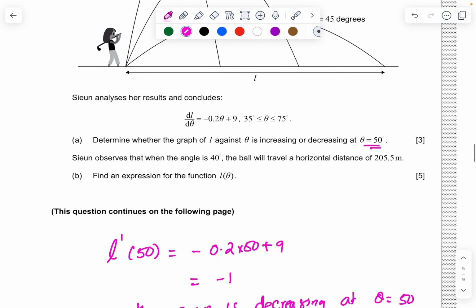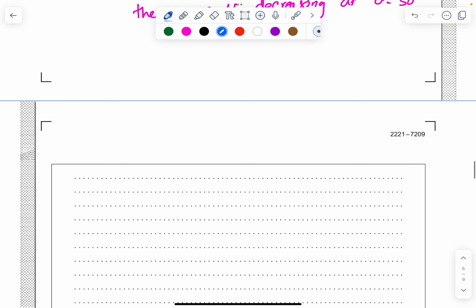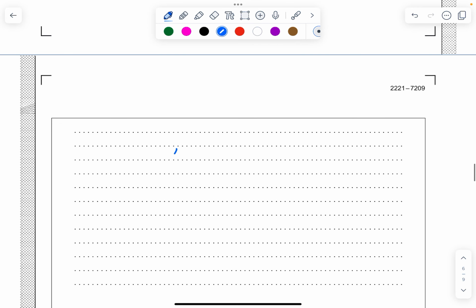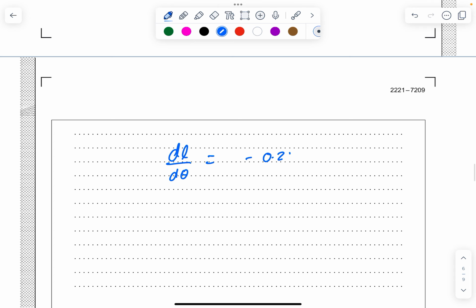Next, S observes that when the angle is 40 degrees, the ball will travel a horizontal distance of 205.5. Find an expression for L. So, what is the equation given? dL upon d theta equals minus 0.2 theta plus 9. So, dL equals minus 0.2 theta plus 9 d theta.